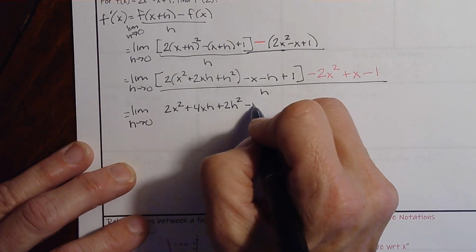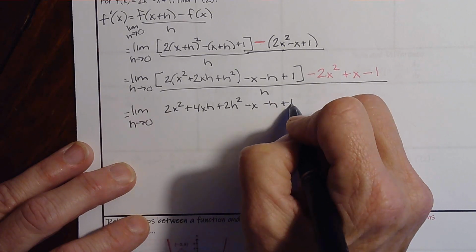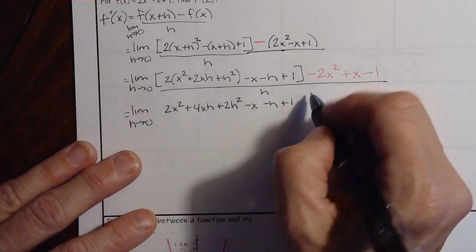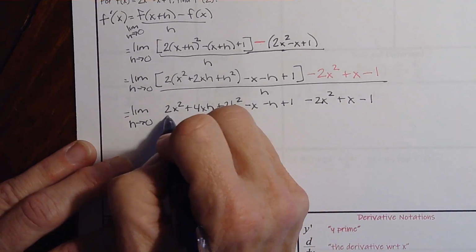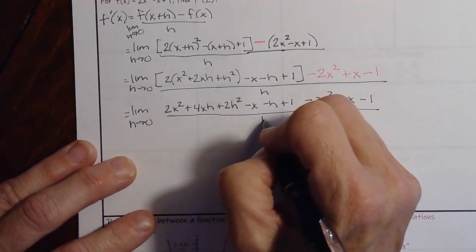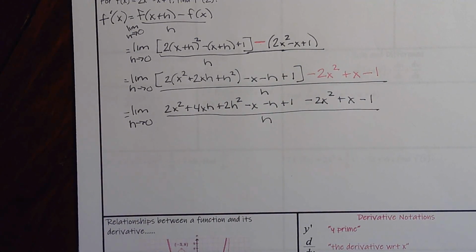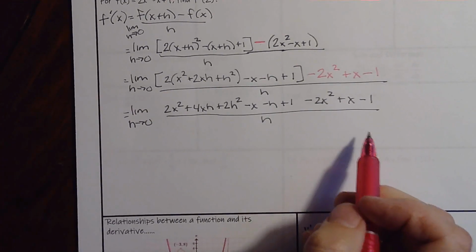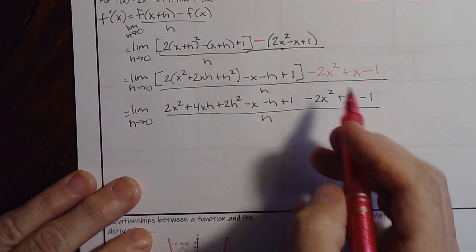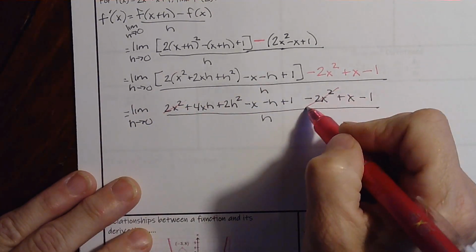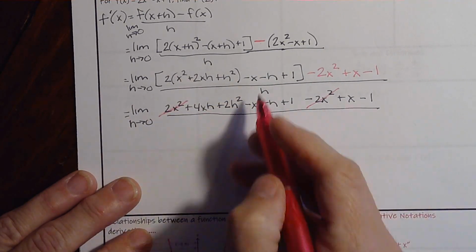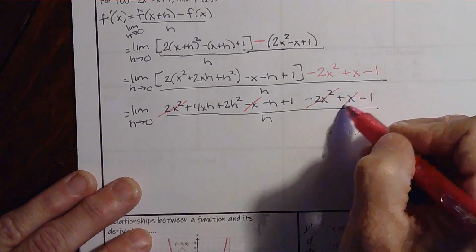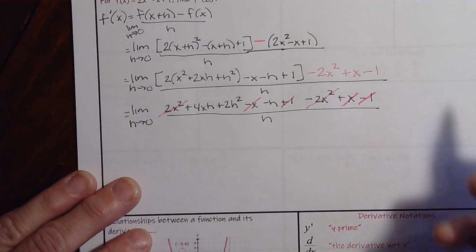Still have minus x minus h plus 1, and I have the minus 2x squared plus x minus 1, and all of that is over h. Okay, so let's see what we can slash. We ought to be able to slash quite a few things. I see a 2x squared and a negative 2x squared. I see a negative x and a positive x. I see a positive 1 and a negative 1.